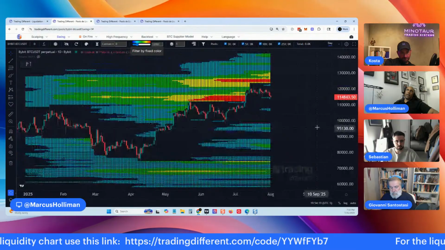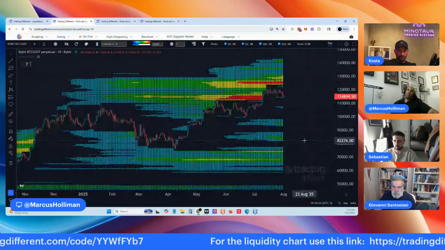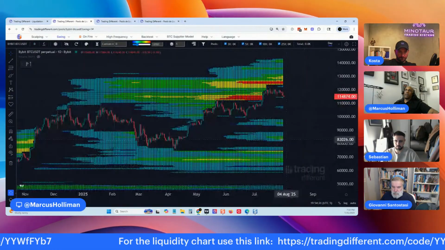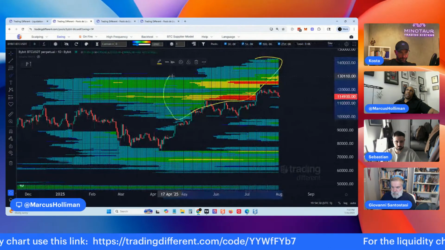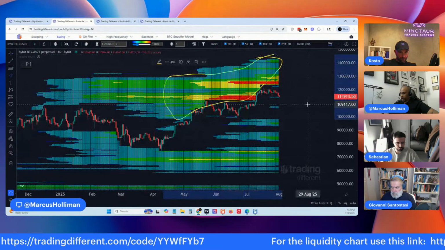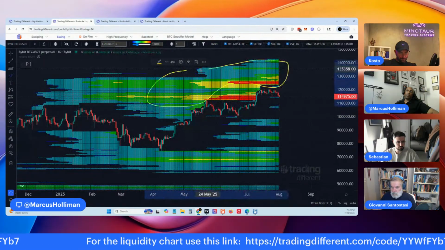Here's all the liquidity now, so we get some context to the price action. I like to keep things extremely simple but powerful. As we can see, we are clearly displacing this short side liquidity. These are shorts here. This is a short pool.